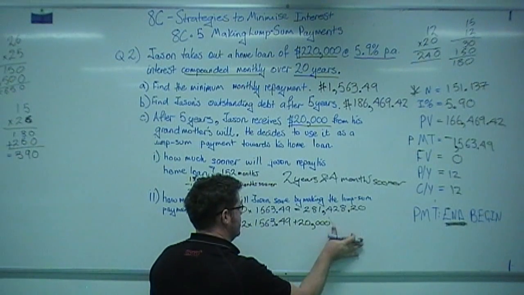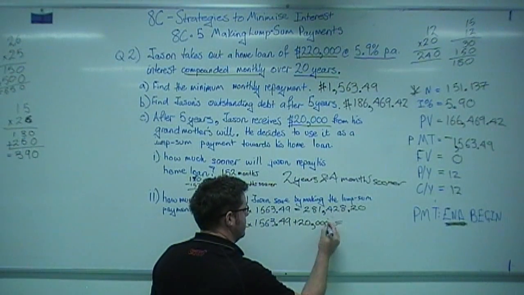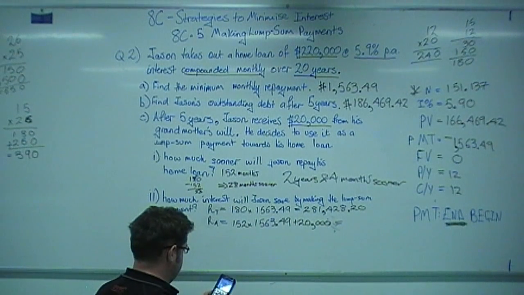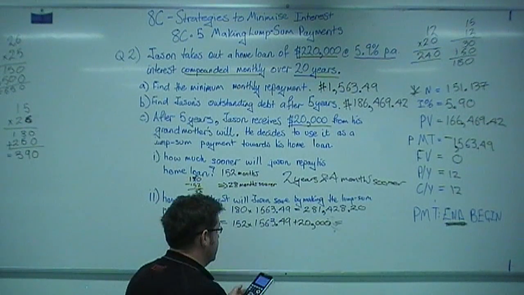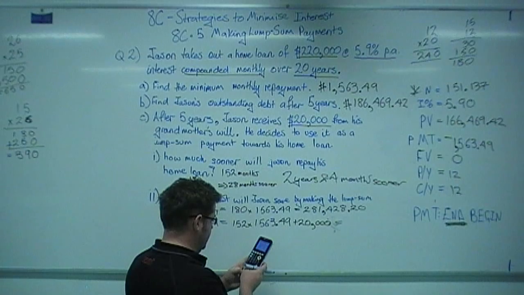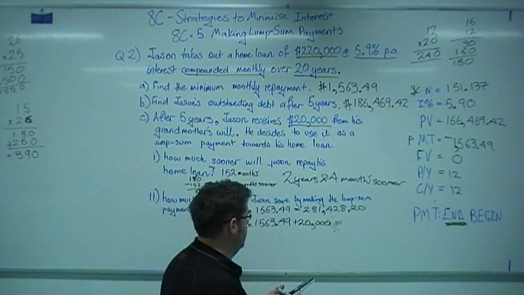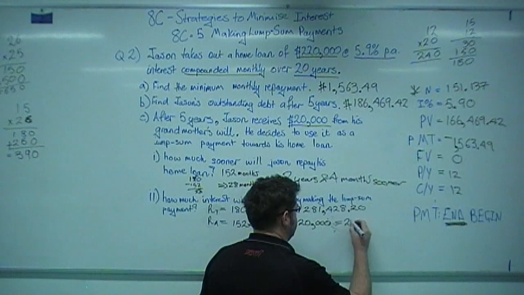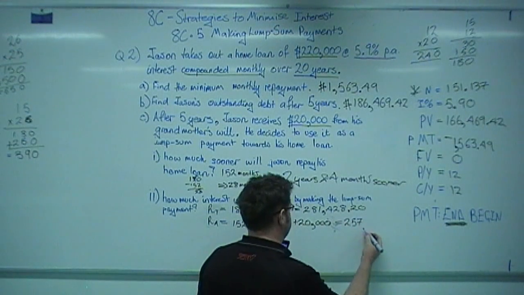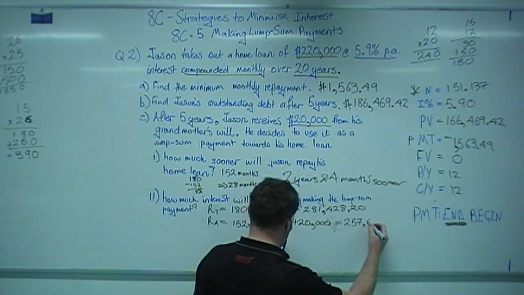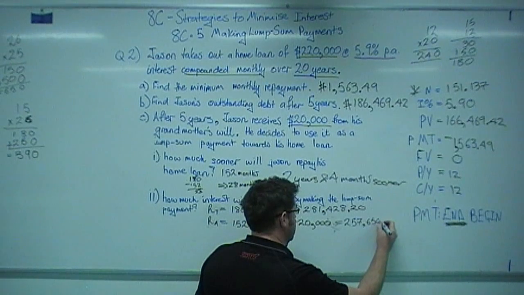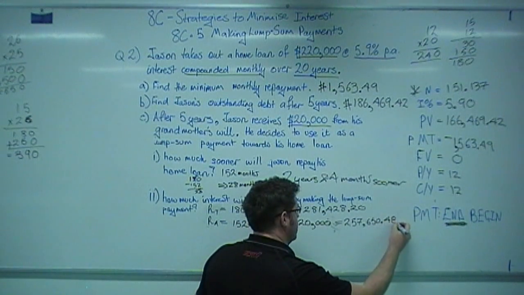So this is the total amount he's had to repay. So we can stick that in the calculator, and we end up with $257,650.48.